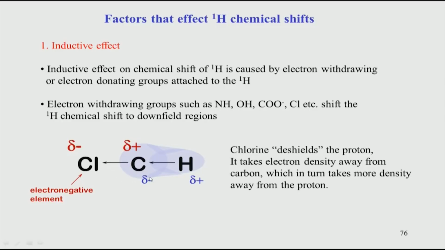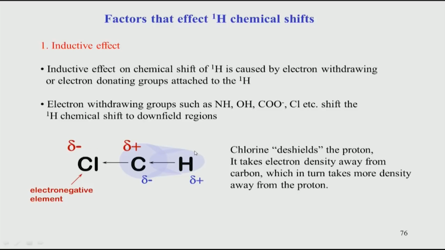For example, here a carbon is more electropositive compared to chlorine, which is electronegative, and therefore the electron cloud density around this carbon is less dense because it is being attracted towards the chlorine. Now, the electron cloud around this hydrogen also gets pulled towards this chlorine. So, essentially chlorine acts like it is pulling the electron cloud towards itself because of its strong electronegative nature.